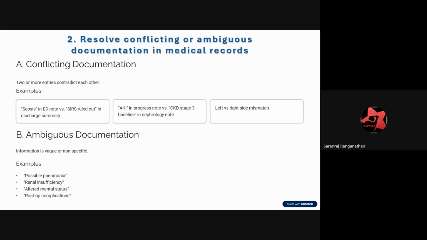Only one small difference: all sepsis is SIRS, whereas not all SIRS is sepsis. Under SIRS there are so many conditions that may come, but when you get sepsis, definitely you are going to get SIRS.